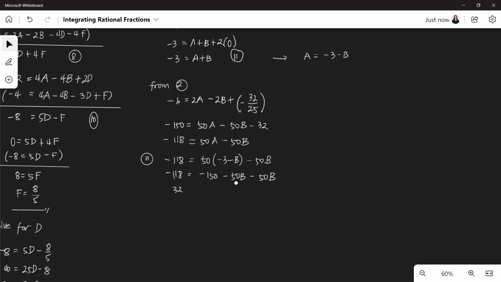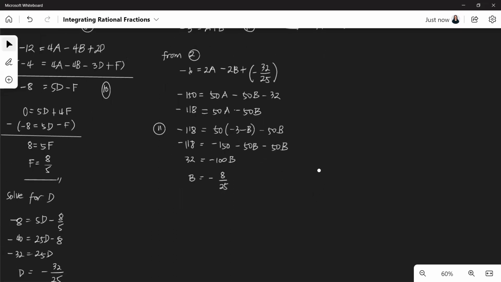It's equal to negative 100B, since negative 50 minus 50 is negative 100B. So B is negative 32 over 100, or 8 over 25, since both are divisible by 4. So we now have the value for B.